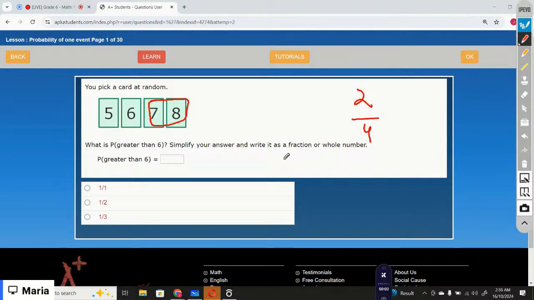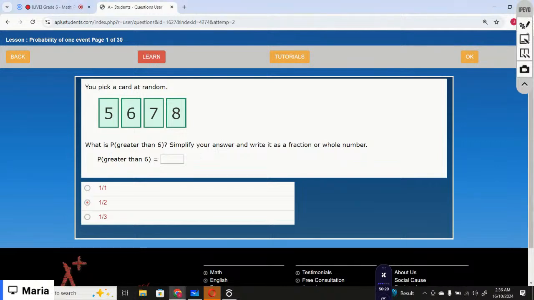That is 2 out of 4, or you can simplify it, that is 1 by 2. So the correct option is 1 by 2.